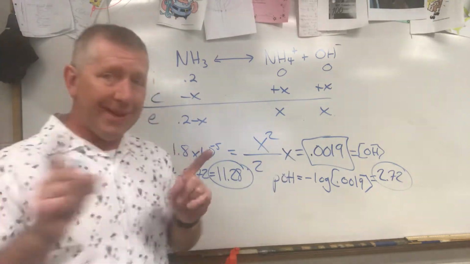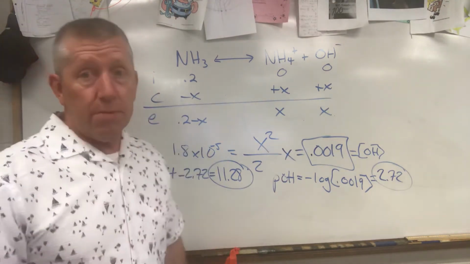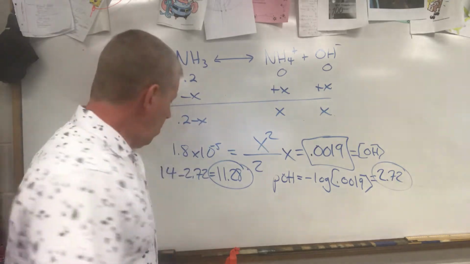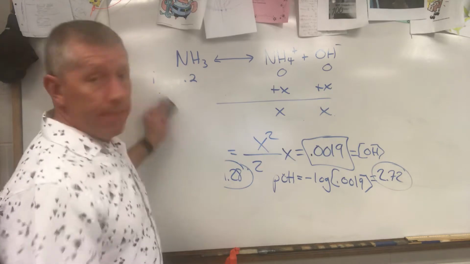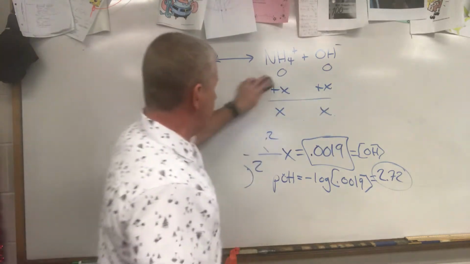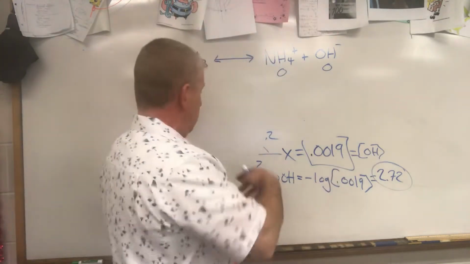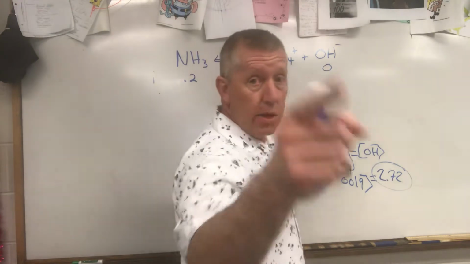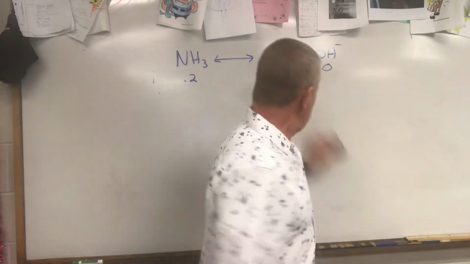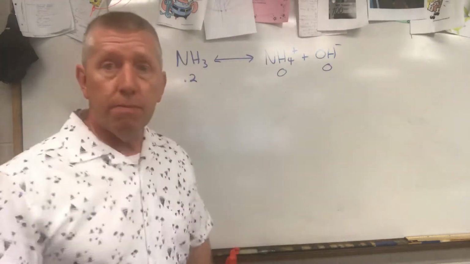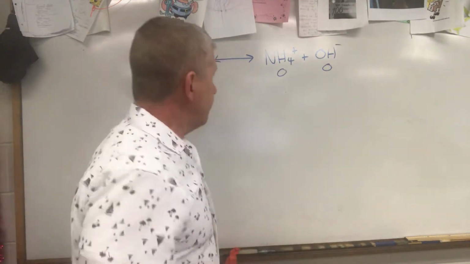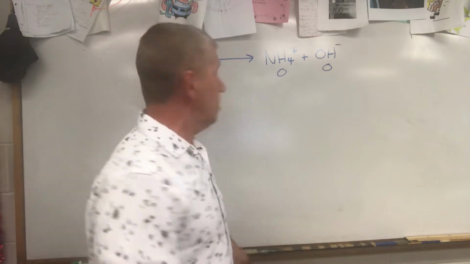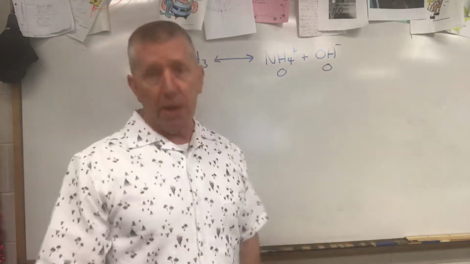Now, here's the little kicker. There was an A and a B to this. Part B says, okay, what if you take this ammonia solution that's happy, loving life, and you decide to bust its bubble, throw some salt in that has a common ion with something in our reaction.